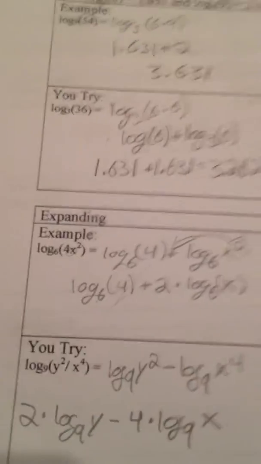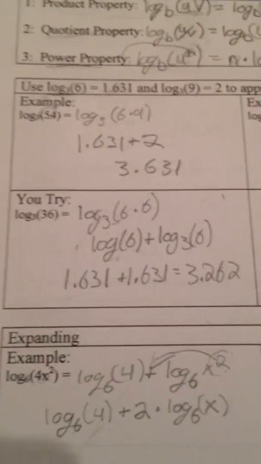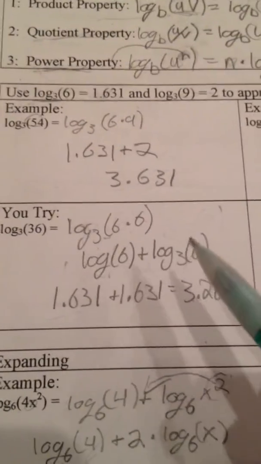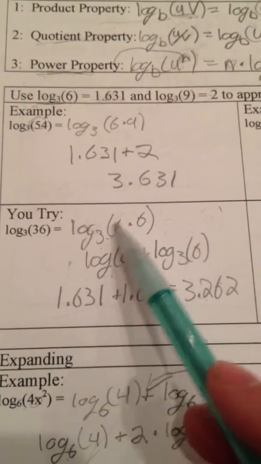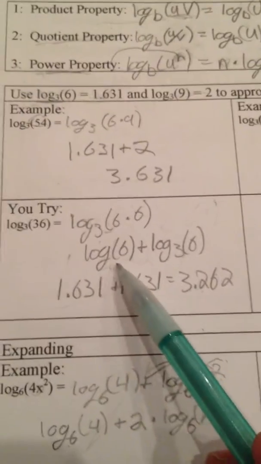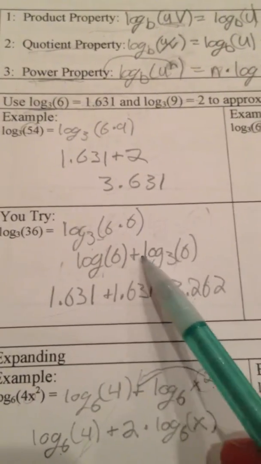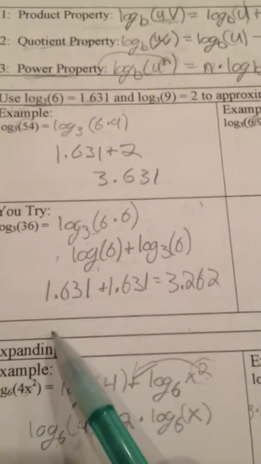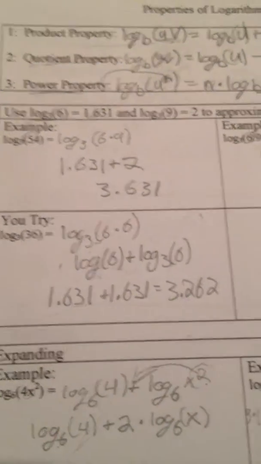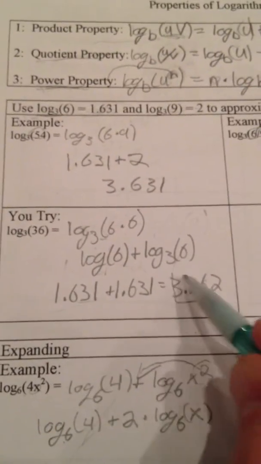So hopefully that was enough time, and this is what you should have gotten. Separate that 36 into 6 times 6, and log 6 and 6, separate those, add that up in the calculator, and this is your answer.